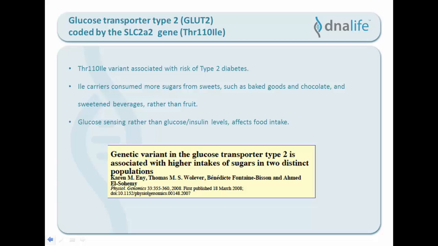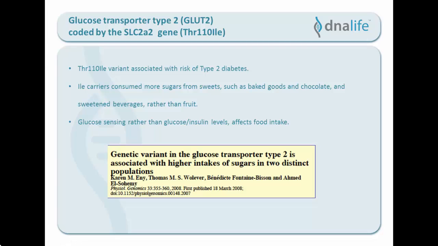They had a real seeking out for these foods rather than trying to take in more fruit. And the reason for this has been attributed more towards glucose sensing compared to glucose insulin levels, and this is what affects these individuals' food intake.